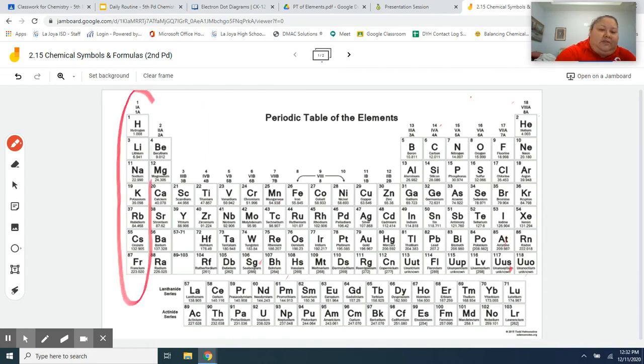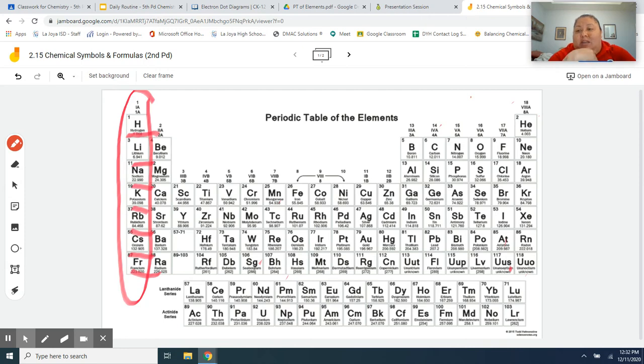Okay, so the first thing that we're going to talk about is the group, and we're talking about group number 1. Everybody who I just circled is part of group 1, right? We got hydrogen, lithium, sodium, potassium, rubidium, cesium, francium.